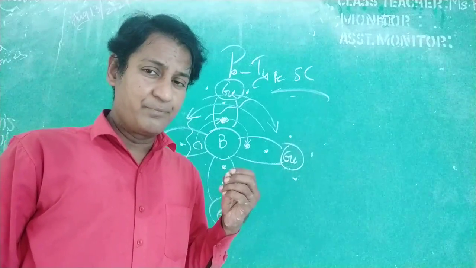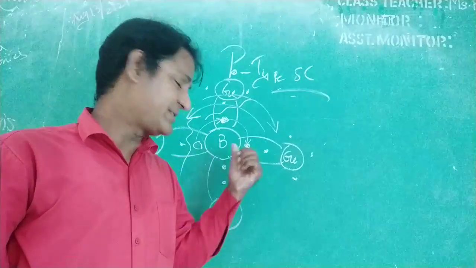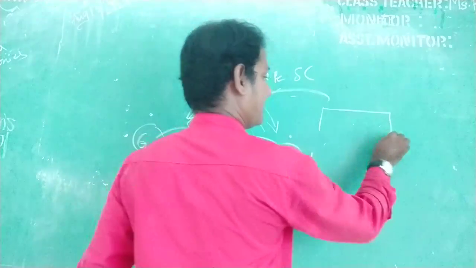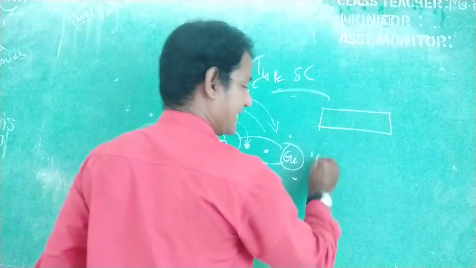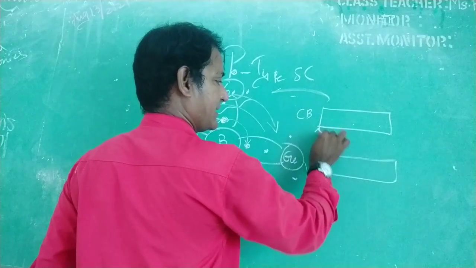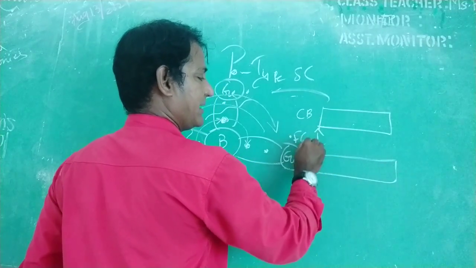And where will the energy level of this hole be? When we take the energy band diagram, this is CB, this is VB, and this is the forbidden energy gap.